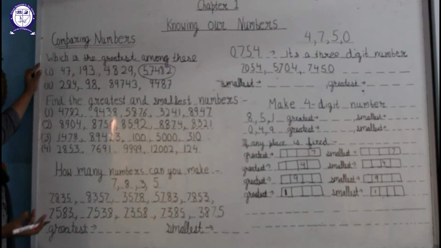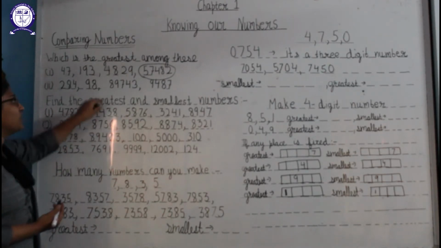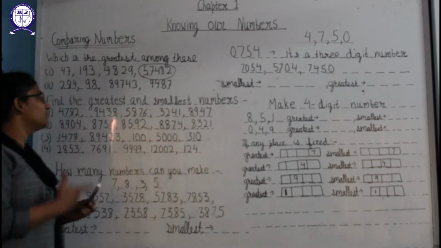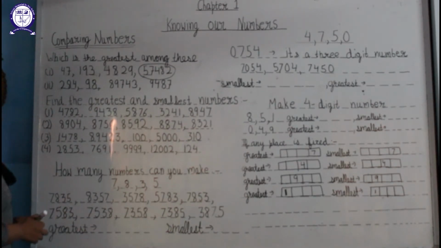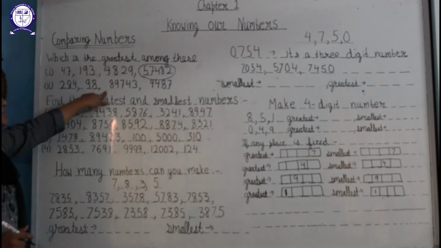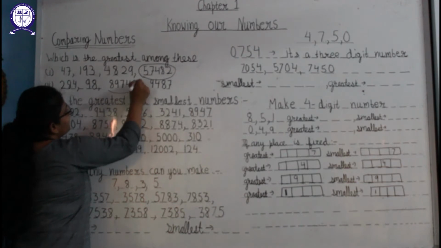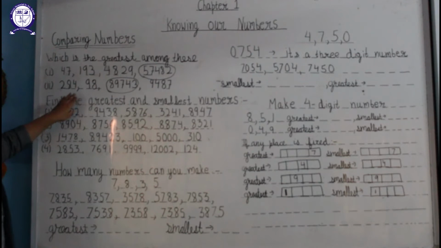But what if we are given the numbers randomly, like 284, 89,748, 9,487? In this also we can compare the digits and tell that 89,743 is the greatest number because it is a 5-digit number, which is greater than all the others.